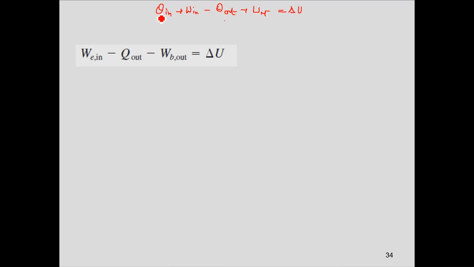Now there is no Q in, so Q in would be 0. Work in is basically work electrical into the system minus Q out, and work out, we have divided into two forms. There is no other work being done by the system instead of the boundary work. So you will essentially have minus over here as well.